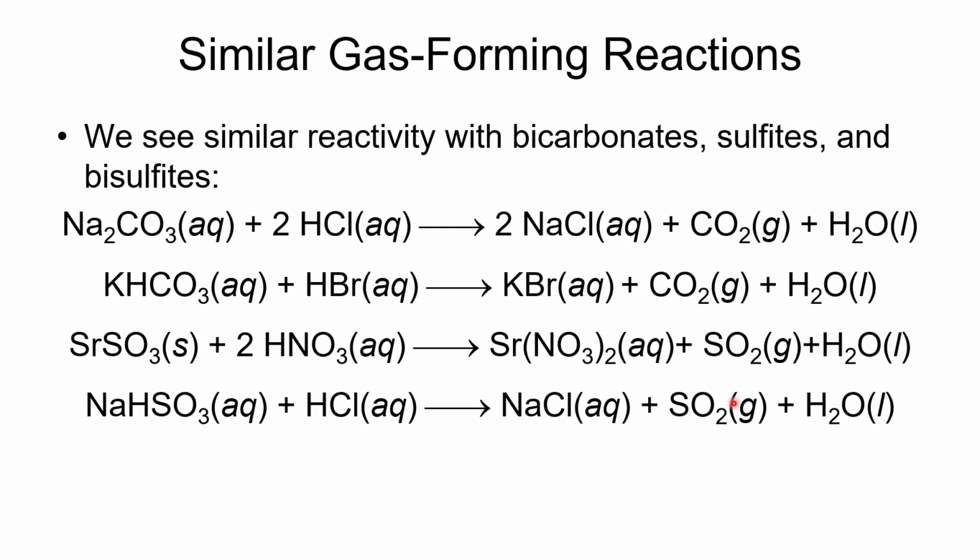One other thing I want to mention about it is with the carbonate and sulfites, it takes 2 equivalents of the acid to neutralize that so that you can get the carbon dioxide and water. With the bicarbonate and the bisulfite, it only takes 1 equivalent, and that's because these already have 1 hydrogen associated with them. So that's just a stoichiometry thing to be aware of.